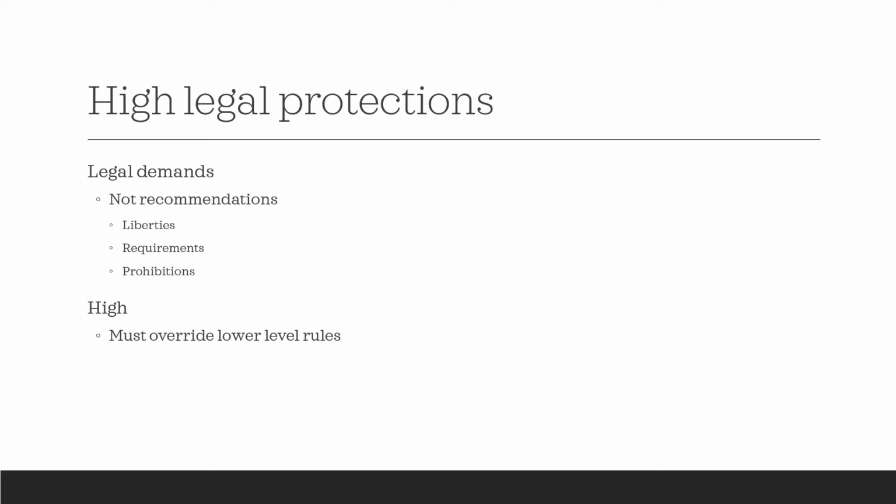So this is the idea that human rights are legal protections that are hierarchically superior. Maybe they are not superior to everything, that's why I'm being a little bit vague in what high means, but they are at least superior in ordinary circumstances to other legal considerations.